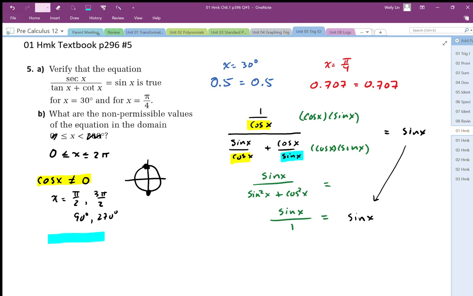The restriction then is sine x cannot be equal to 0. If we take a look at where sine is equal to 0, sine is equal to 0 in the vertical position here and here. So x cannot equal 0 and pi, or 0 and 180 degrees.